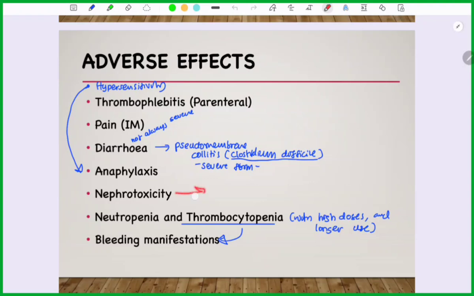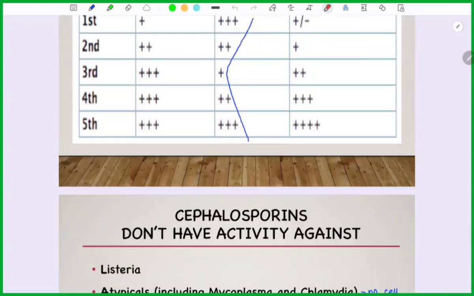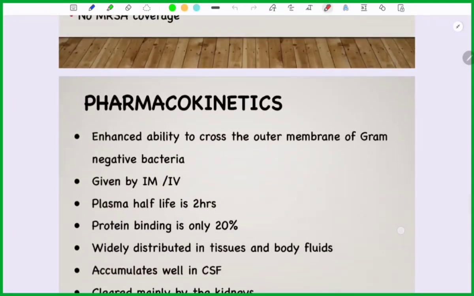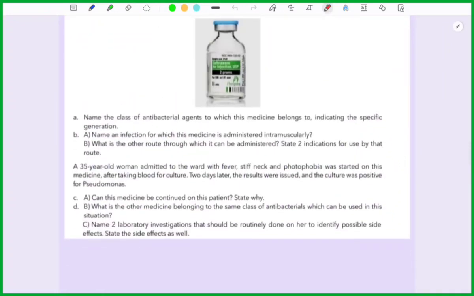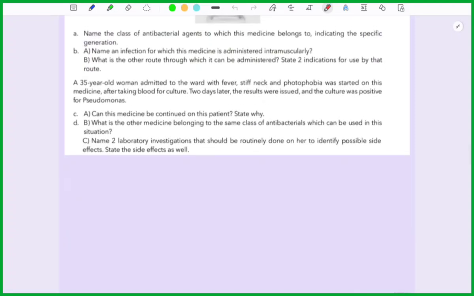For thrombophlebitis, pain, diarrhea, anaphylaxis, bleeding manifestations, you can't do routine examinations that much. But to identify nephrotoxicity, neutropenias, and thrombocytopenias, you can. To identify nephrotoxicity, you can do serum creatinine. And for neutropenias, thrombocytopenias, those cytopenias, you can do full blood count, FBC. So the investigations: you can do serum creatinine to identify nephrotoxicity, and full blood count to identify cytopenias, namely neutropenias and thrombocytopenias.